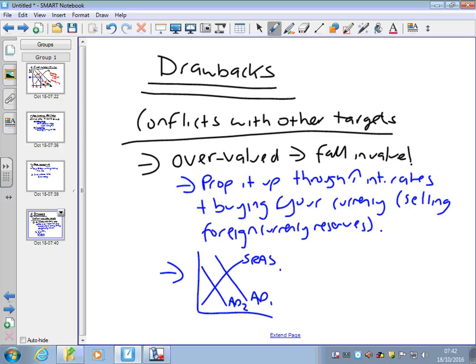This will obviously lead to bad impacts on employment, and therefore lower GDP as well. So great, you might have a nice fixed exchange rate, but the problem is your people back home are unemployed, output's falling because of lower consumption and investment in your economy created by the high exchange rate that you're trying to prop up.